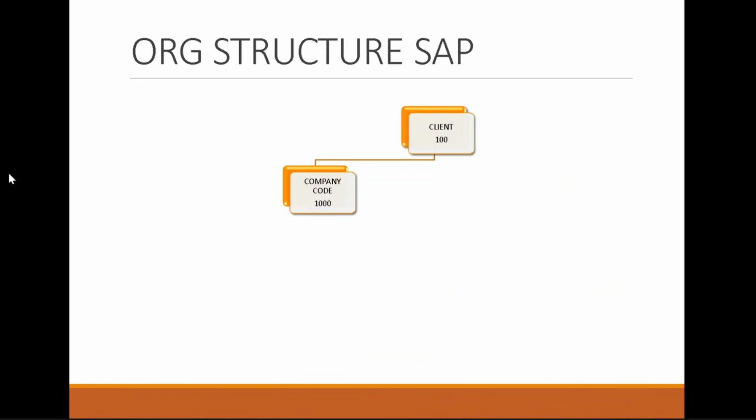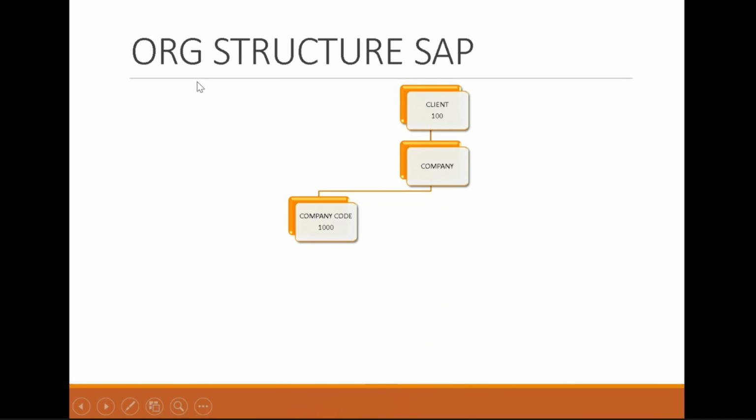So in SAP, a company code is a set of all of the GL accounts where you are going to store all of your financial information. For that reason, for each line of business we will create a different company code.